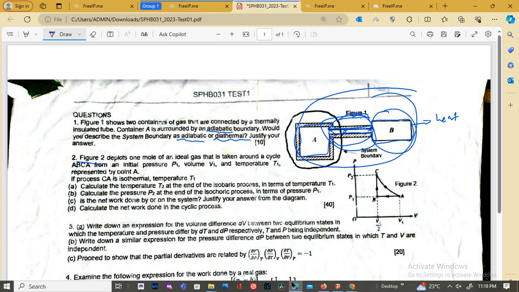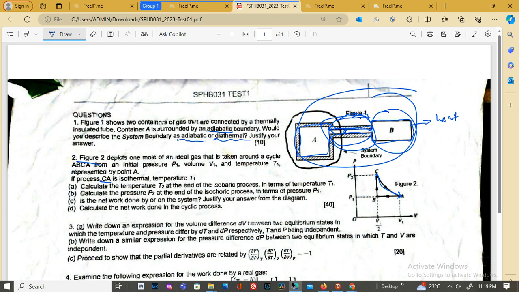which is based on figure 2. It depicts one mole of an ideal gas that is taken around a cycle A, B, C, A from an initial pressure P1, volume V1, and temperature T1, represented by point A. But if process CA is isothermal, temperature T1, calculate the temperature T2 at the end of the isobaric process in terms of temperature T1.